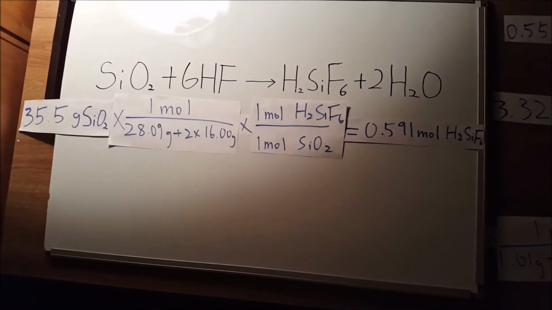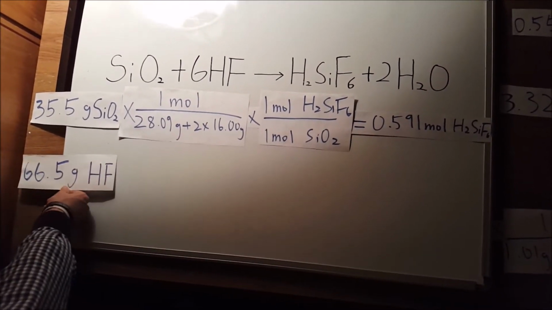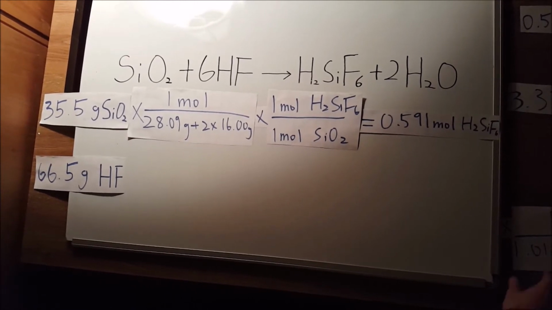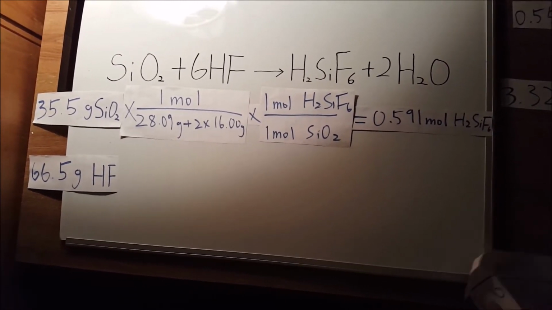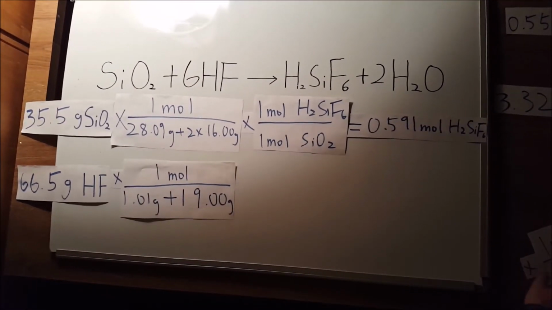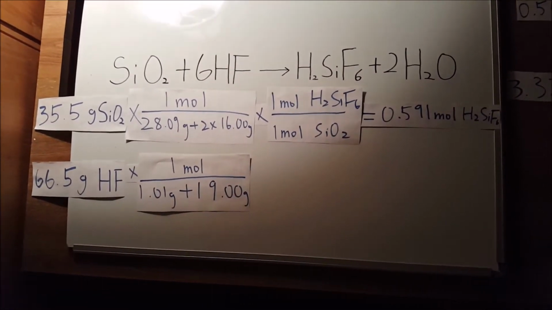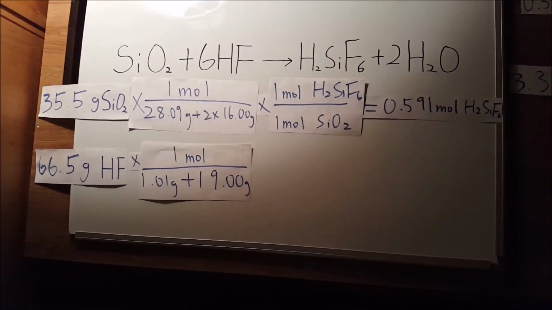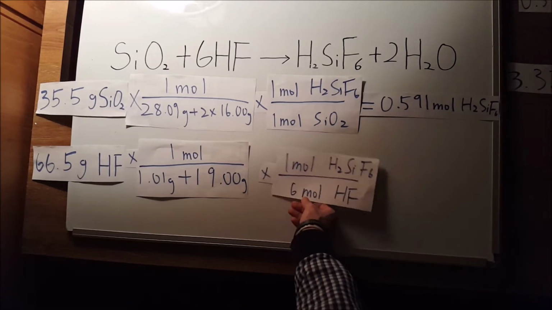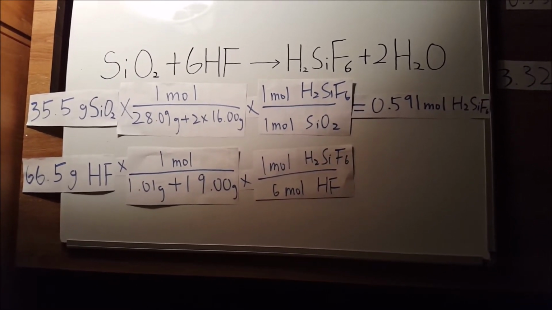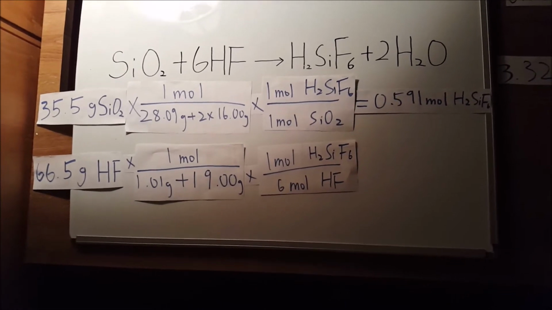Let's look at the mass of hydrogen fluoride, which is 66.5 grams, and we divide by the molar mass of hydrogen fluoride. Then we have the moles of hydrogen fluoride, and we multiply by the molar ratio of H2SiF6 and HF.